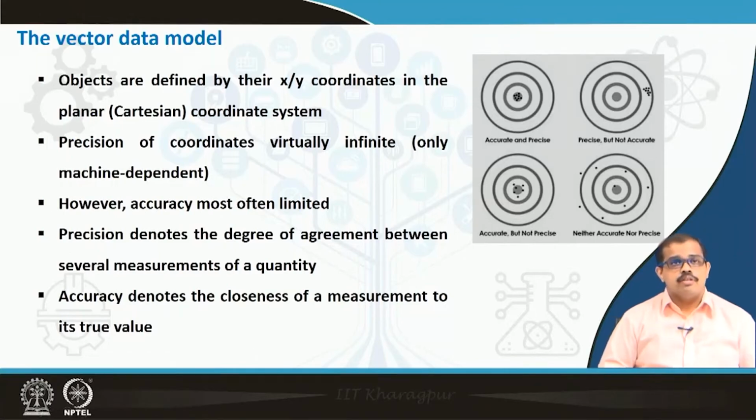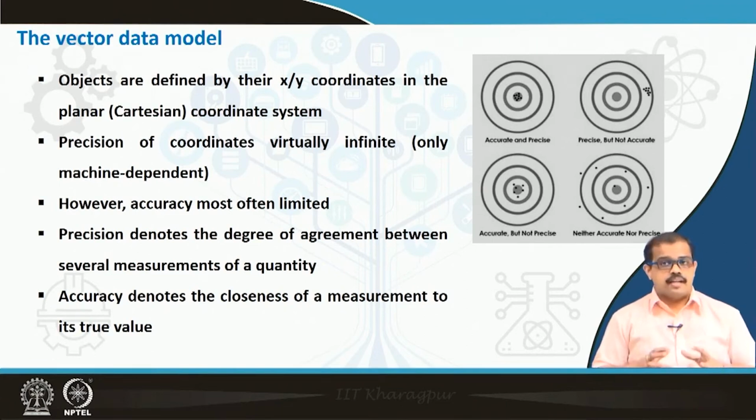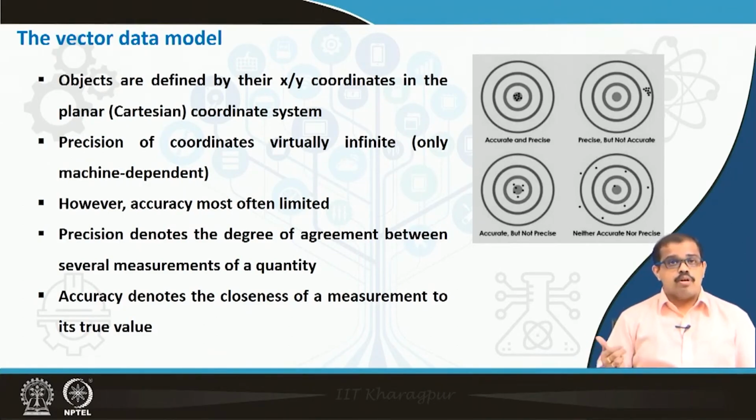In a vector data model, as I said, objects are defined by their xy coordinates in a planar coordinate form. The precision of coordinates is virtually infinite, but quite machine dependent. It depends on how you represent it and how you actually work on it. However, when you look at accuracy, it is most often quite limited.